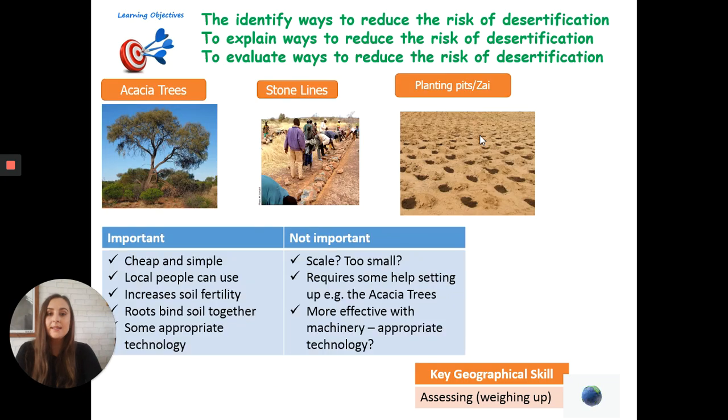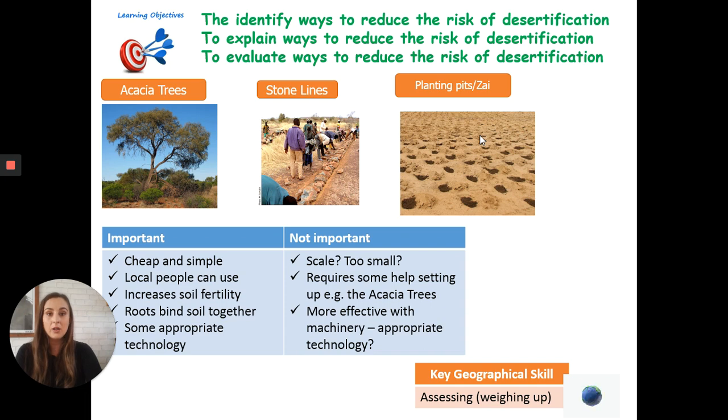Bringing that together, I've just a little summary here about how useful these methods are, and how they're important, and maybe some issues meaning they're not important. So some of them are cheap and simple, local people can use them, it increases the soil fertility, the roots of the trees, for example, bind the soil together, and there are some examples there of appropriate technology.